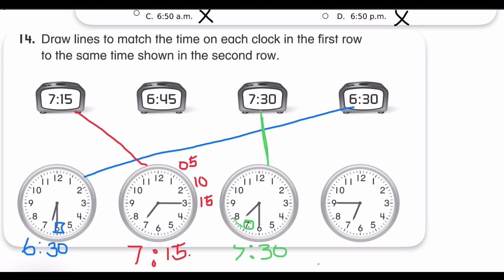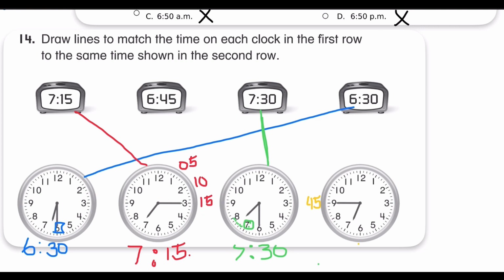I know the answer to the last one because all the other answer choices are picked. However, we need to annotate to make sure. 9 is also a special number to remember on the clock. That shows a quarter to the next hour. In clocks, quarter to is 15 minutes from that hour. So you could start off at 9, and 9 would make it 45.